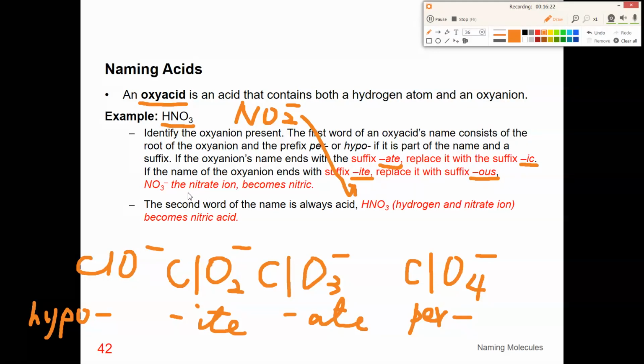So change nitrate to nitric. So it's hydrogen with the nitrate ion, NO3 group. You change the name to nitric acid. You don't need the name hydrogen, just the name of the polyatomic group with acid.